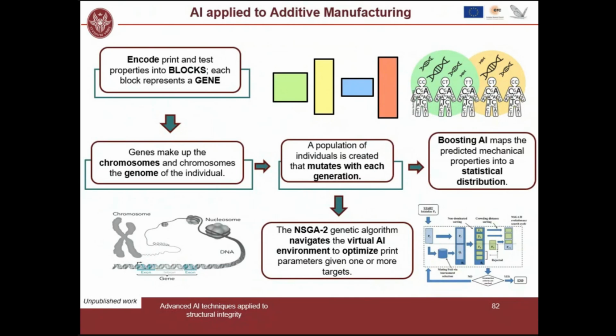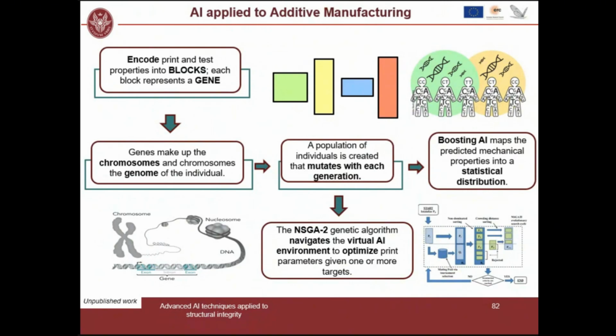But in this case, the genes inside the individuals are the print parameters. So each chromosome has different genes associated with different print parameters, clustered by me based on similarity. For example, all the movement parameters, or the structural parameters, or the position parameters, all the test parameters, okay?